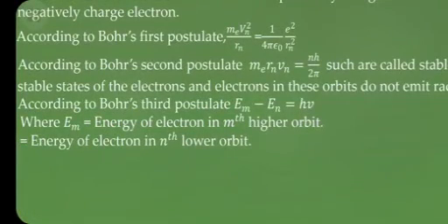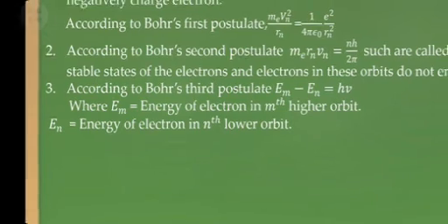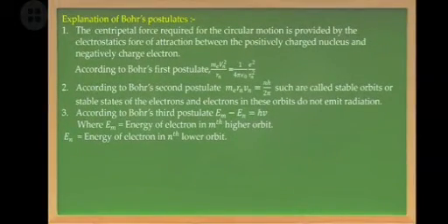Here E_m is the higher energy level and E_n is the lower energy level. So when electrons jump from a higher energy level to a lower energy level, they emit a photon, and you know that photon energy is given by the formula h nu. Here again h is Planck's constant. So these are Bohr's three postulates.